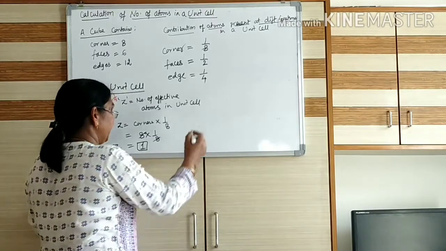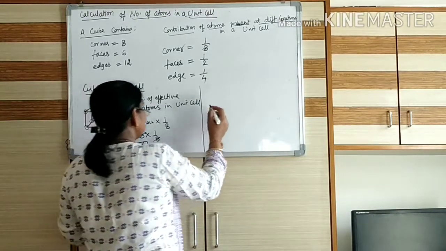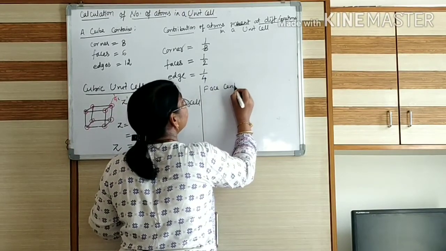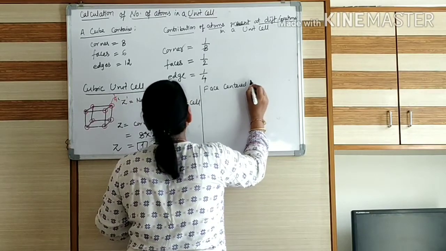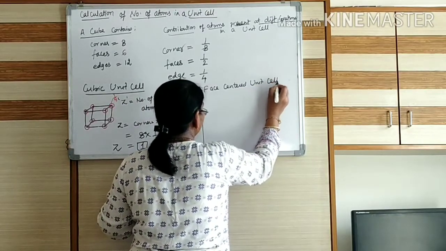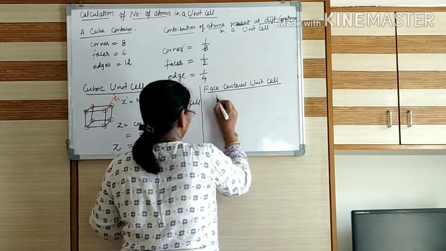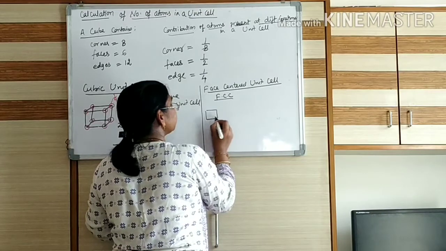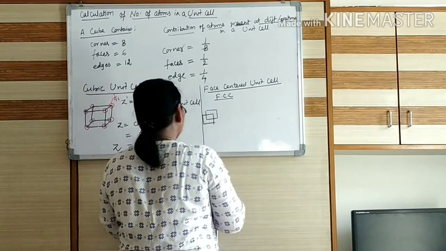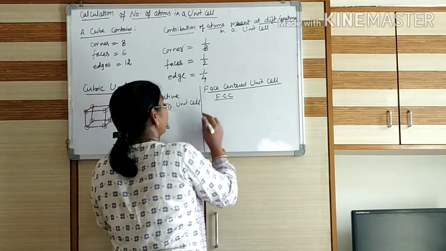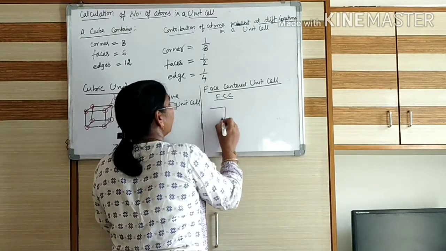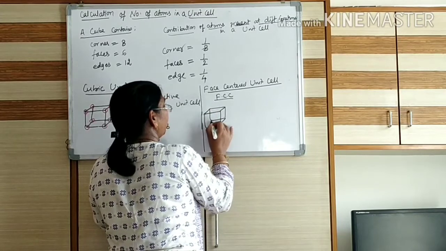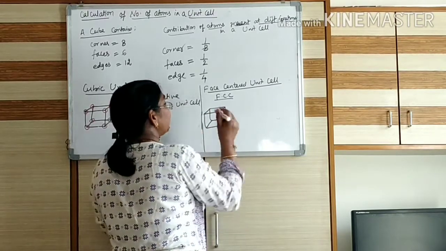Okay, now we are coming to the next, that is face centered unit cell. Atoms in face centered unit cell or FCC. FCC is atoms are present at the corner.